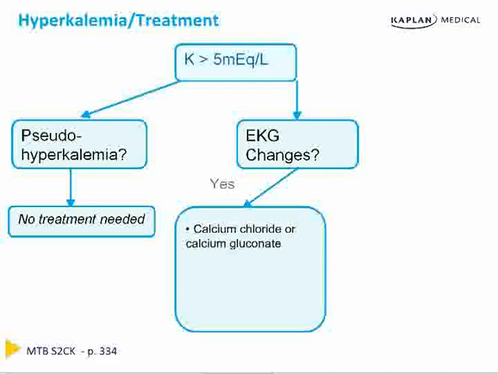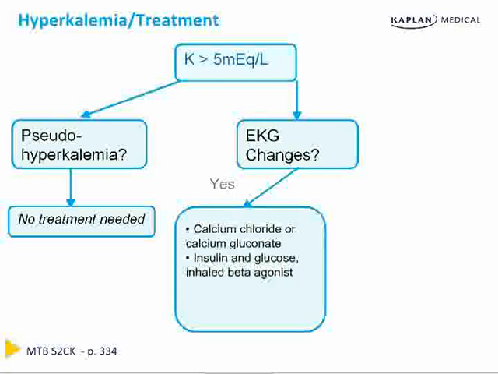Once you've protected your heart, the next interventions are going to be aimed at shifting extracellular potassium back into the cells. The ways we can do that include giving insulin along with glucose to prevent hypoglycemia, or to administer an inhaled beta agonist.